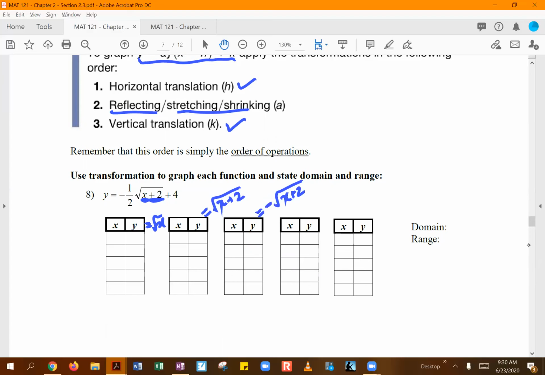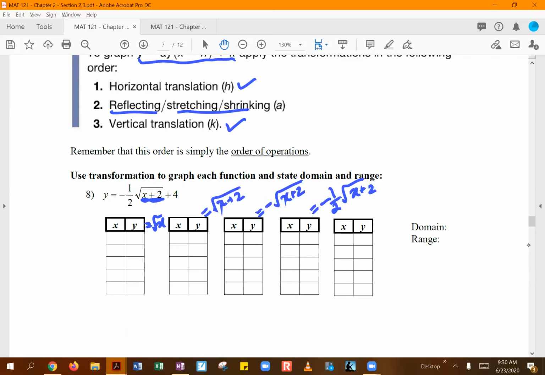So those guys are kind of interchangeable because they are at the same level. So it doesn't matter. I'm just doing the reflection first, but if you want, you can do the shrinking, which that 1/2 tells us our graph will be doing. So we will be doing then -1/2 square root of x plus 2. So that's taking care of the reflection and the shrinking.